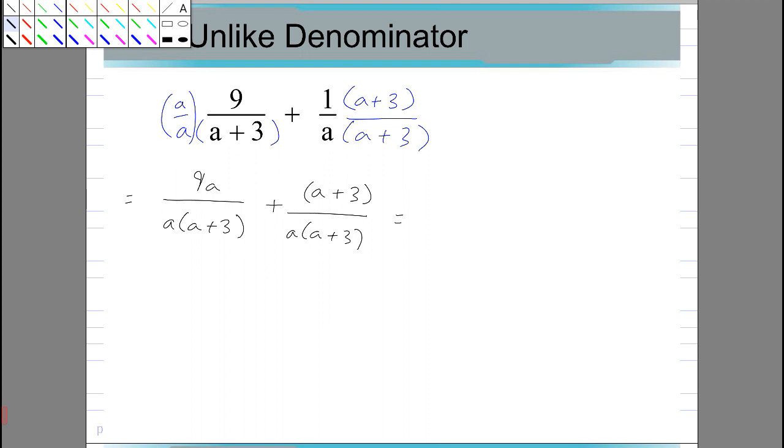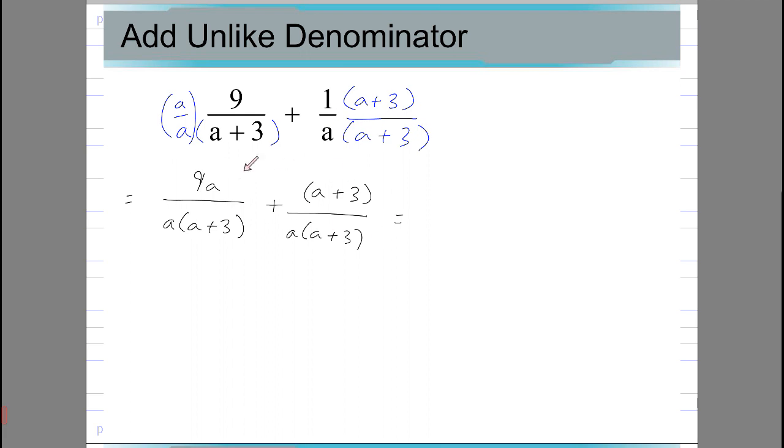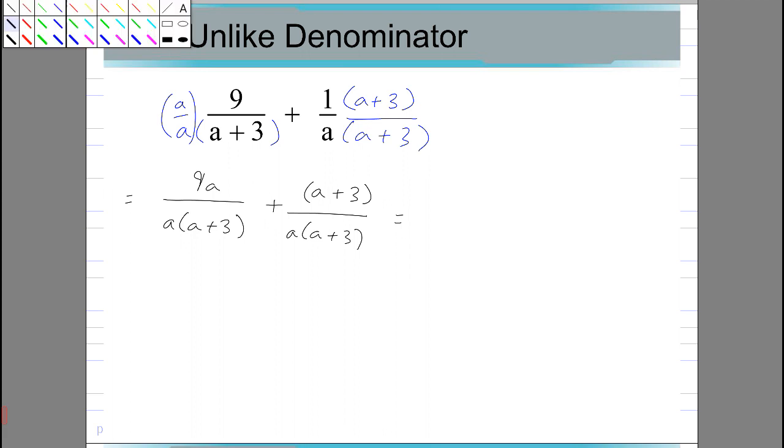I'm not multiplying this out, by the way, because eventually I'm going to have to factor it anyways. But now I can add my two numerators to be 10a plus 3, and that is over a plus 3. And that does not simplify anymore, so that is my final answer.